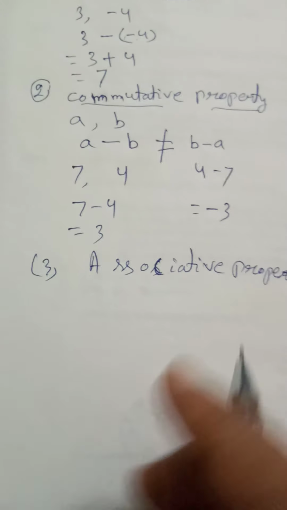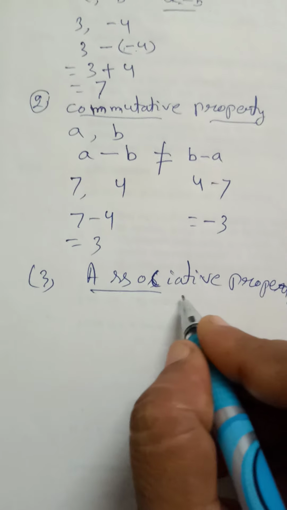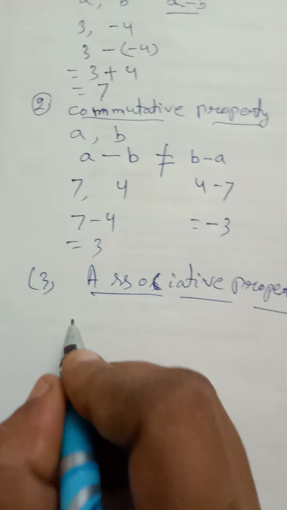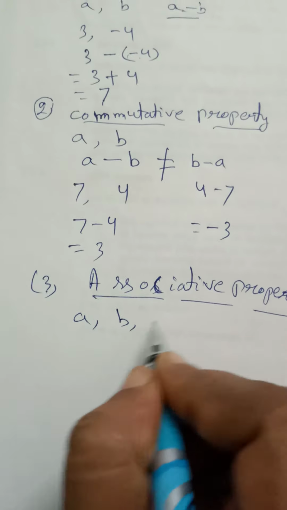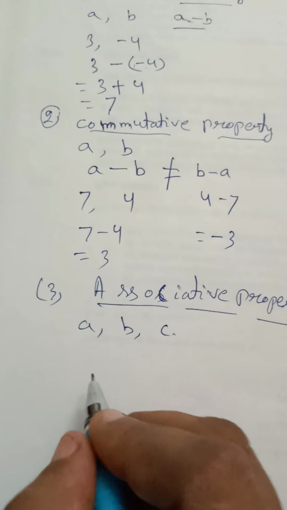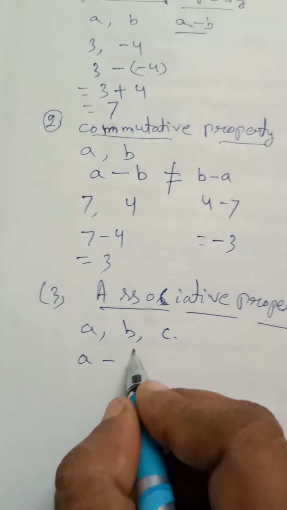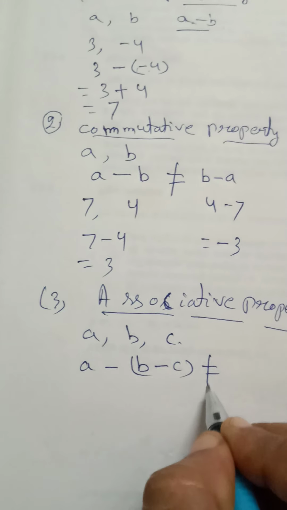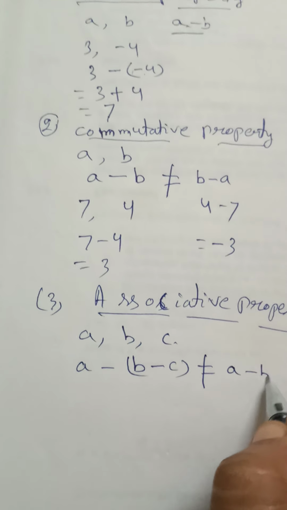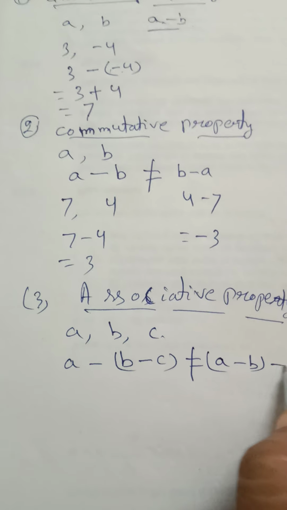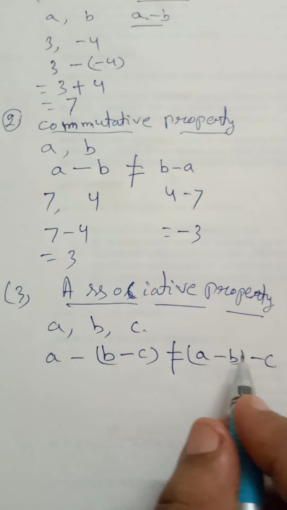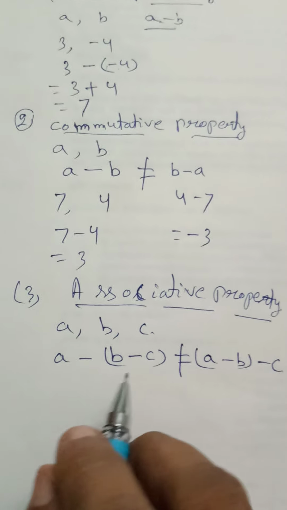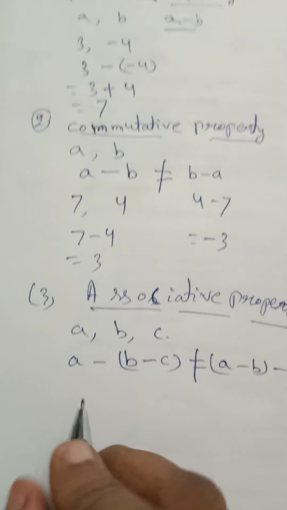What is the associative property? If a, b and c are three integers, then (a minus b) minus c is not equal to a minus (b minus c). If the order of subtraction is changed, it will not be equal.